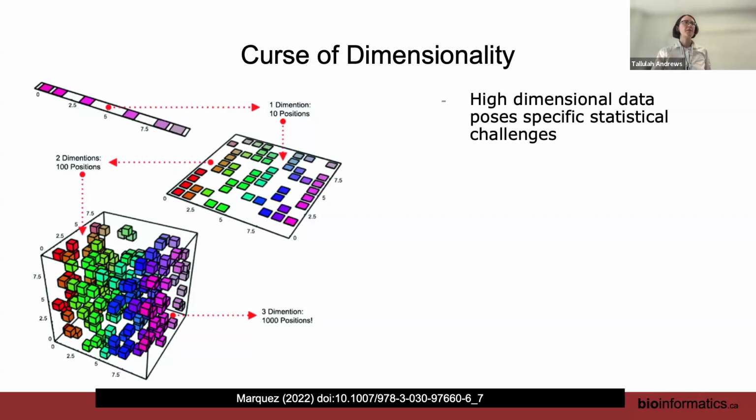The problem in terms of our data is what's known as the curse of dimensionality. For our single-cell RNA-seq data, each gene counts as one dimension.